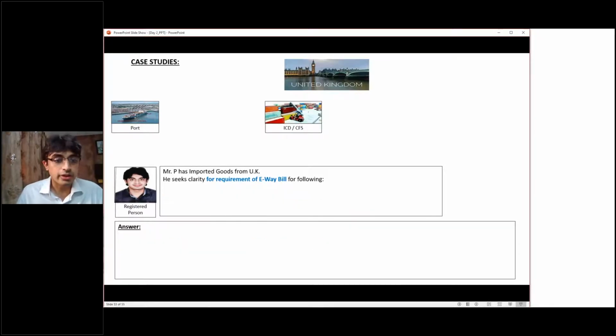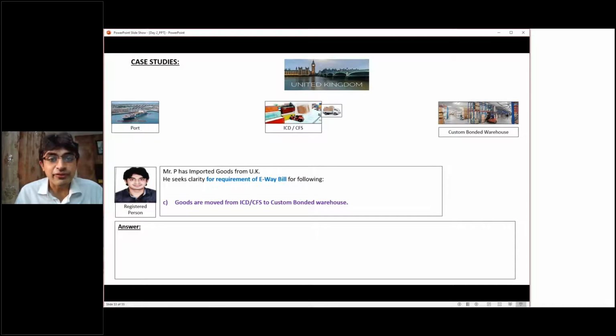Third point. Now suppose I request the customs department to move the goods to a customs bonded warehouse. So now goods are moving from the ICD or CFS to the customs bonded warehouse. Again, they have moved them in their own truck. You saw the trucks in the video.